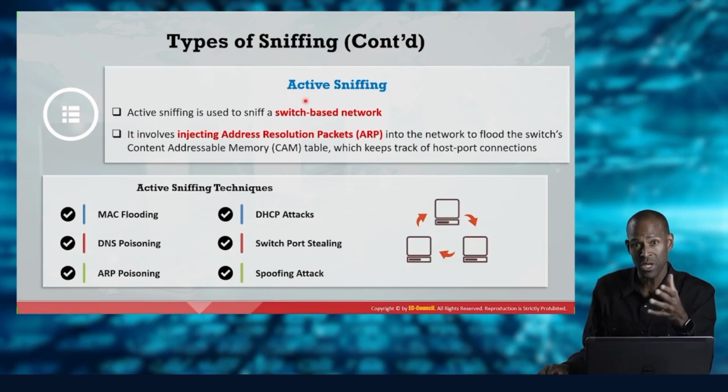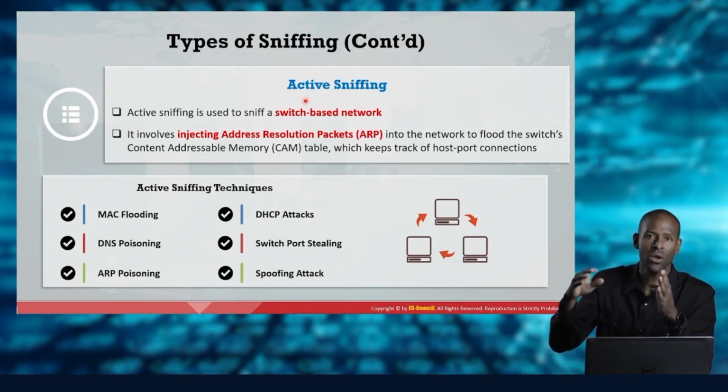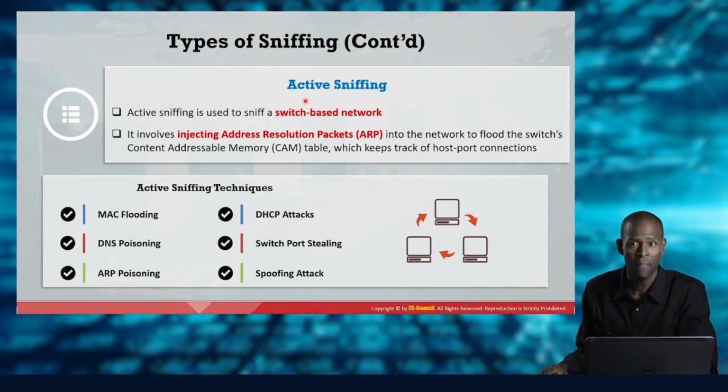One of the problems with a switched network is you can only sniff conversations between your device and a specific secondary device, unless they are broadcast or some other types of multicast frames that you can see. But in a switch-based network, if you want to see everybody else, you'll need to inject something into the conversation.